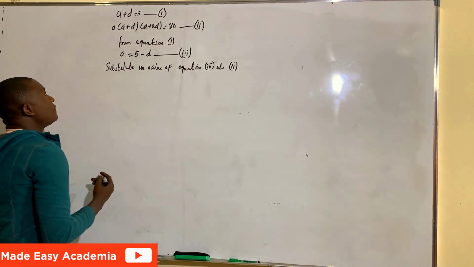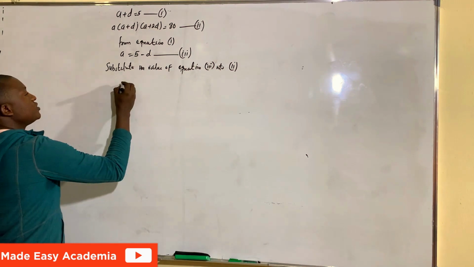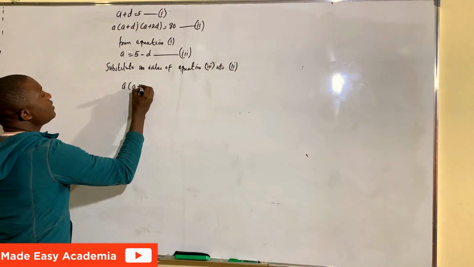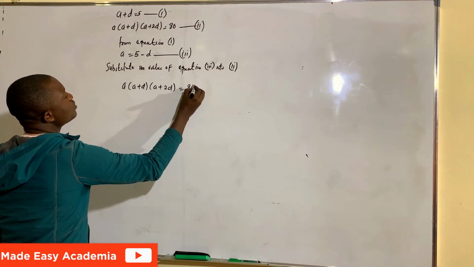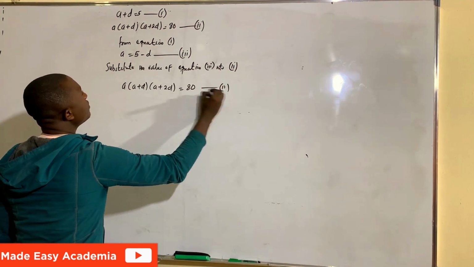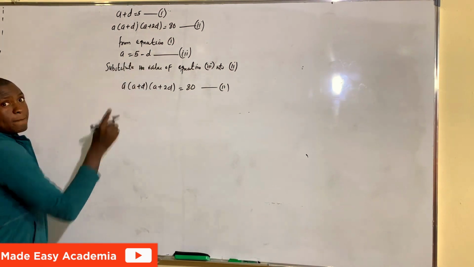Whenever I see the value of A, my A is the same thing as 5 minus D. For equation 2, we have A, A plus D, A plus 2D, everything is equal to 80. So I want to put the value of equation 3 now. Equation 3 means whenever I see A, my A will be 5 minus D.